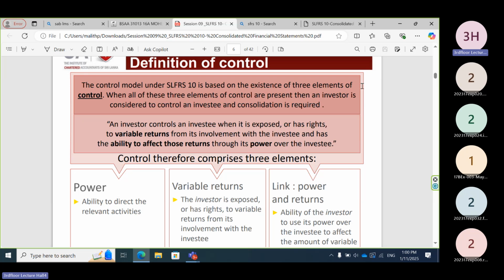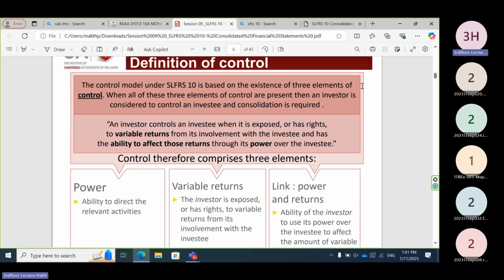Consolidation, there should be a group. In the group, one should be the parent. There is a parent, and two decisions: yes, no. To say no, there are four criteria. If yes, what is there? There must be control over the entity.